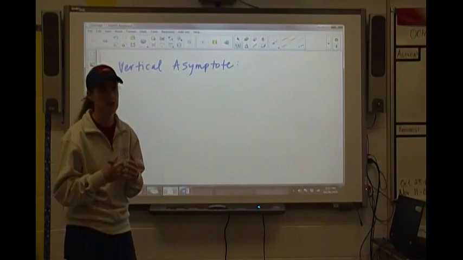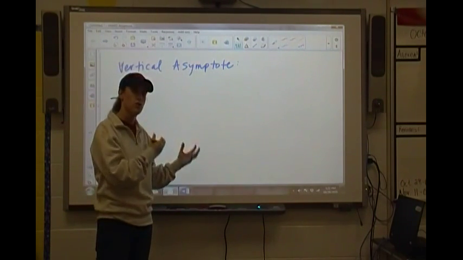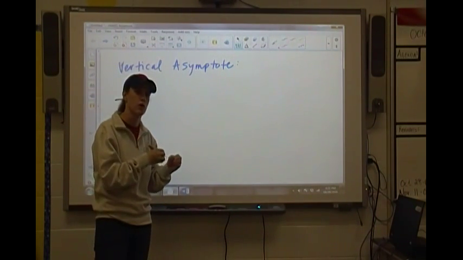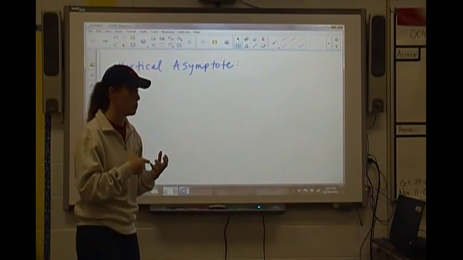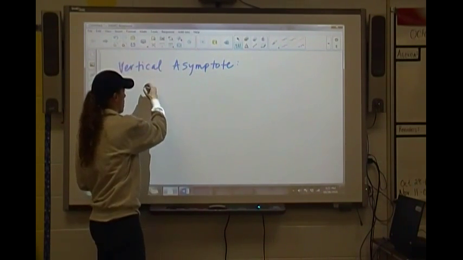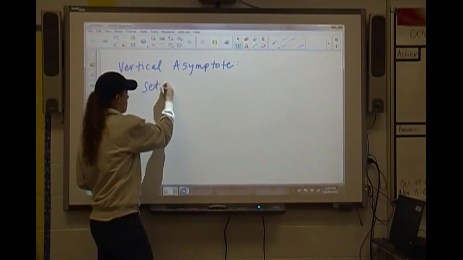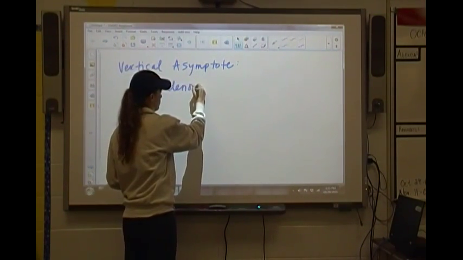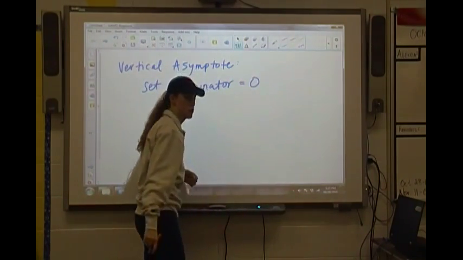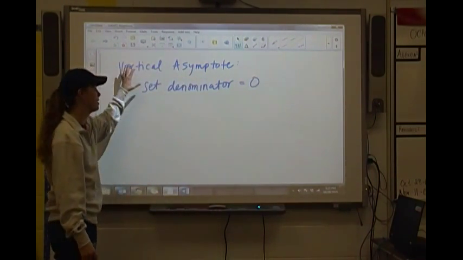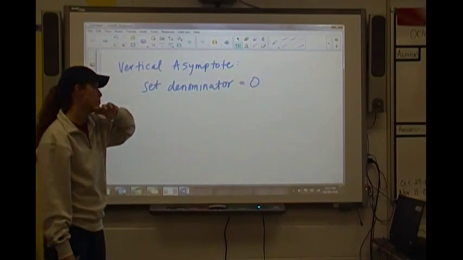We know that doesn't exist, so that's not going to be anything that we graph. So that's how we get a vertical asymptote in a rational function. To find that value, we set the denominator equal to 0 so we can find our vertical asymptotes.